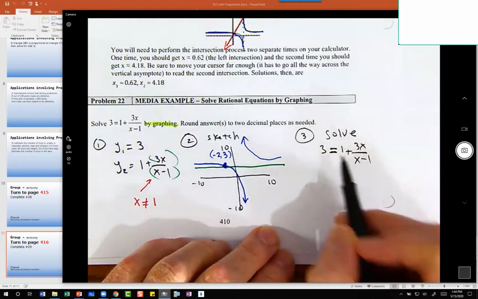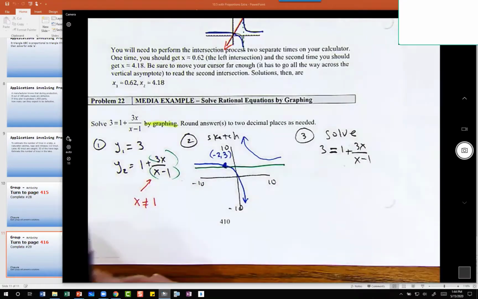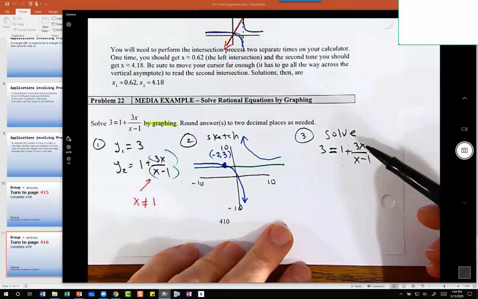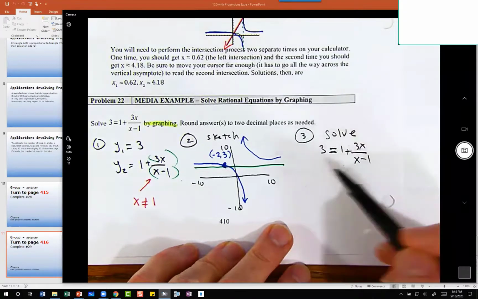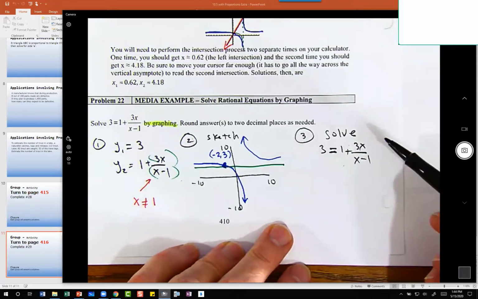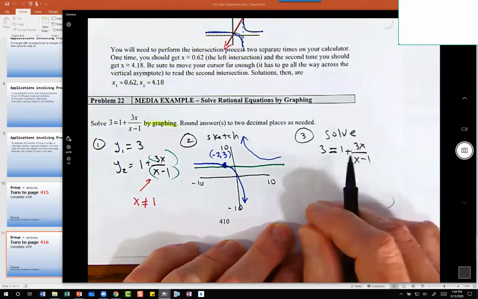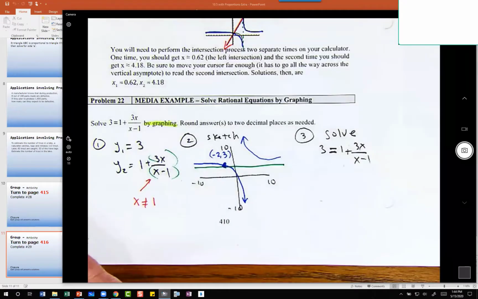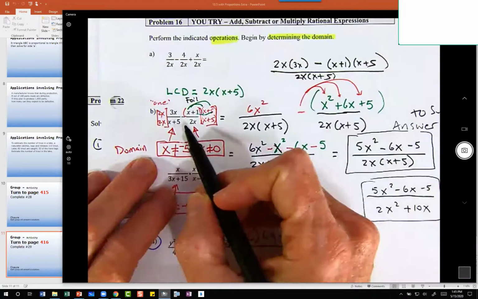An equation is true or false depending on which x you put in. If you put in one x, you'll get one answer and it won't be equals. If you put in a different x, it will equal and it'll be true. So we're trying to find the right x. Now that's different than the, this problem is an expression.